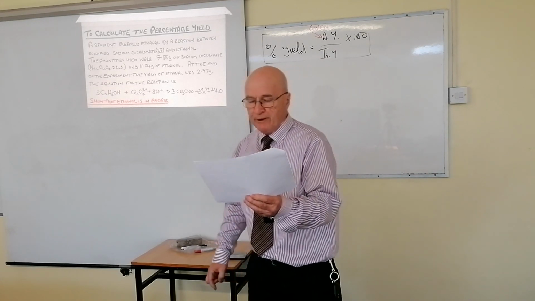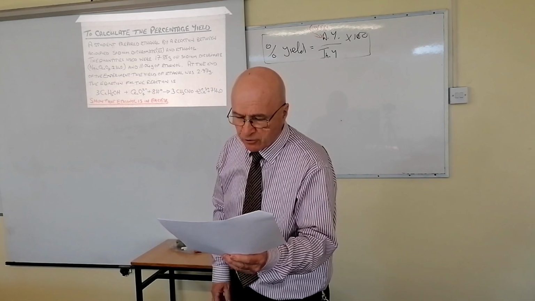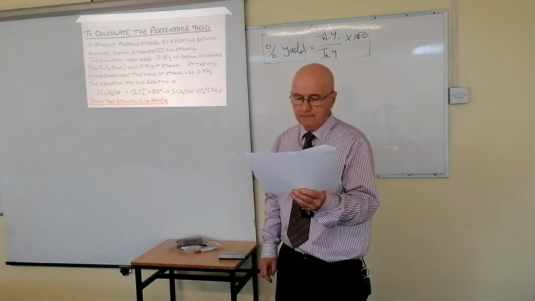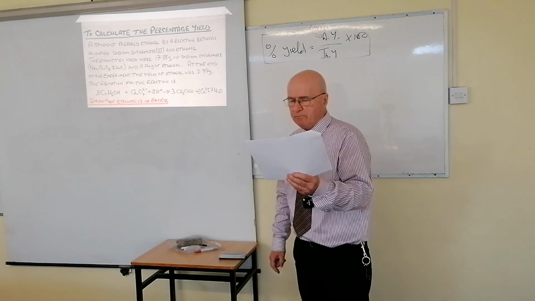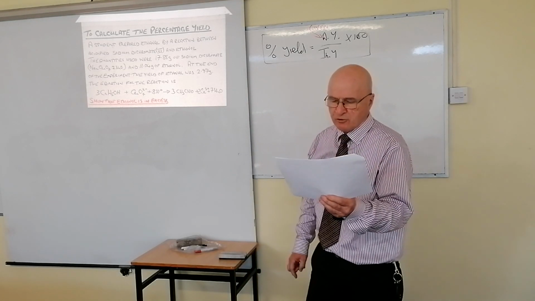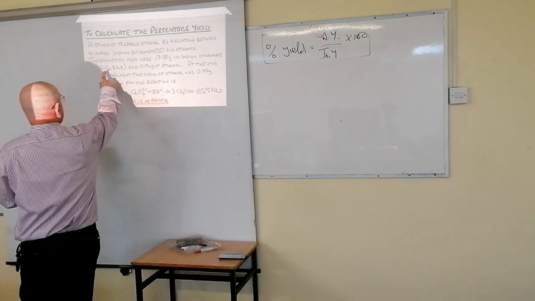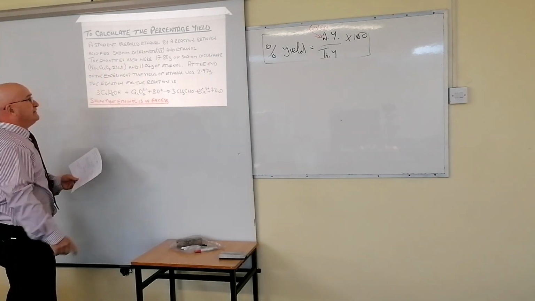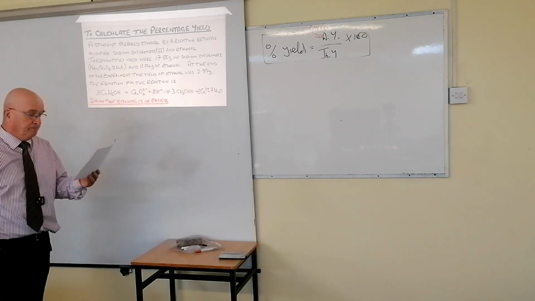A student prepared ethanal by reaction between acidified sodium dichromate and ethanol. The quantities used were 17.88 grams of sodium dichromate, and they give you the molecular formula, by the way. Be careful, and 11.04 grams of ethanol.